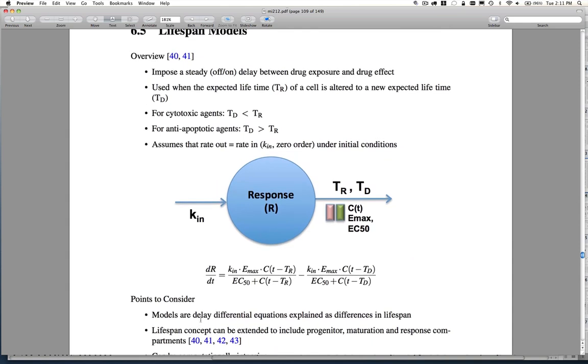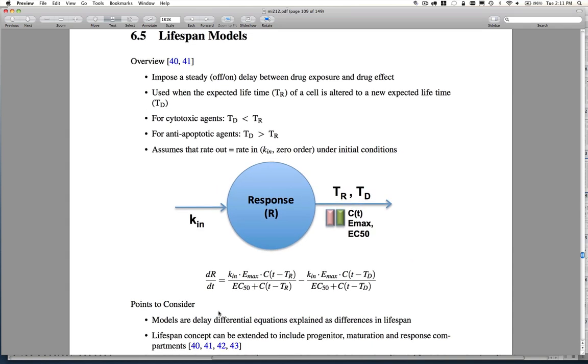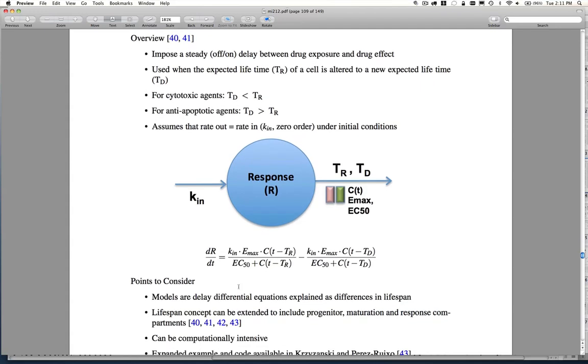So I'm not going to go a lot into exactly what these lifespan models are. Again, they're useful, but practicality-wise, they're very tough to implement, and I don't think they get you much beyond the transit compartment models. And it's generally the case from the pharmacodynamic data that I've seen that you start to see some trickling of effect early on, rather than a period of time where there's absolutely no effect, and then all of a sudden there's an effect.